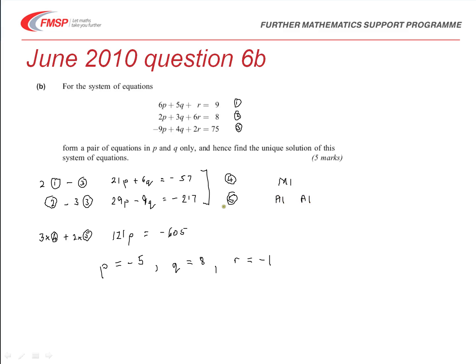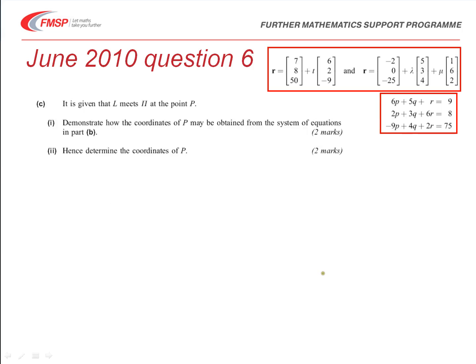And there is obviously a third alternative that you may have decided to eliminate the R's by using 1 and 2 combined together as an option as well. And again, if you manage to then show what 121p is, you get a method mark through this part, and then obtaining the correct values will give you an answer mark there.